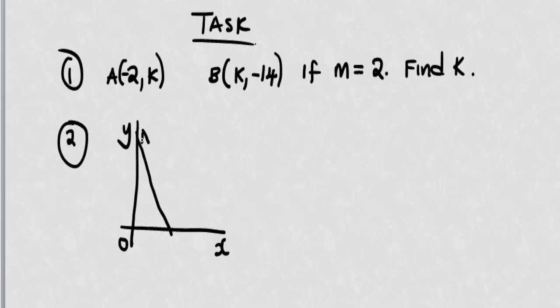If we have a point A here with coordinates 0, 4, and a point B there with coordinates 2, 0, then I want you to find the equation of the line that is parallel to AB and passes through the origin.